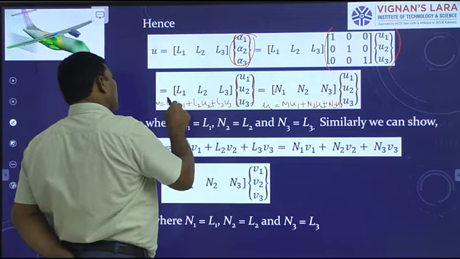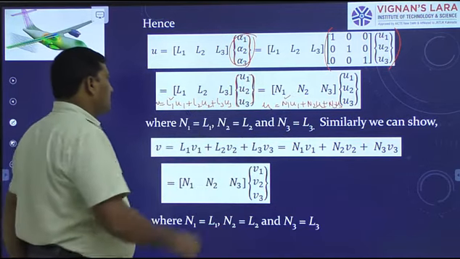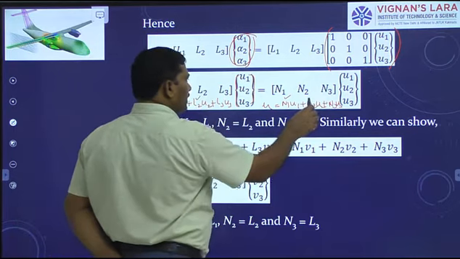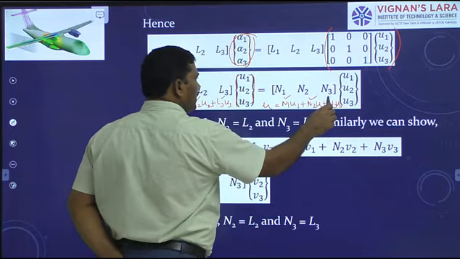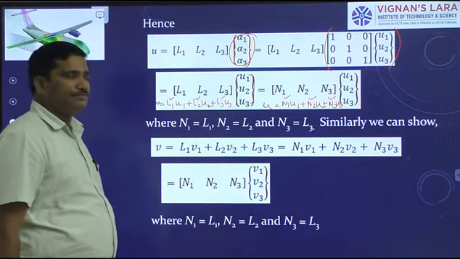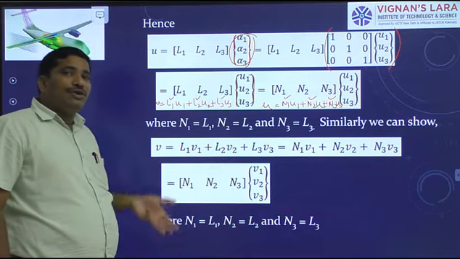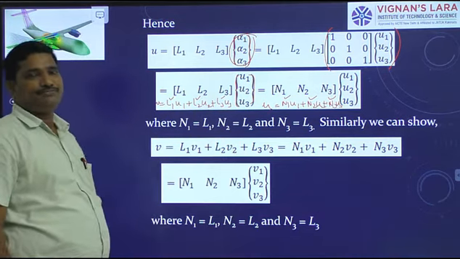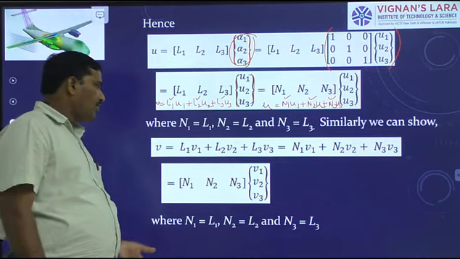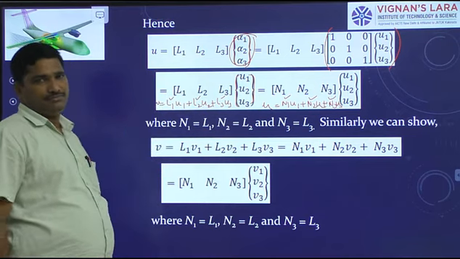The natural coordinate L1 equals N1, L2 equals N2, and L3 equals N3. Therefore, the natural coordinates can be considered as the shape functions.